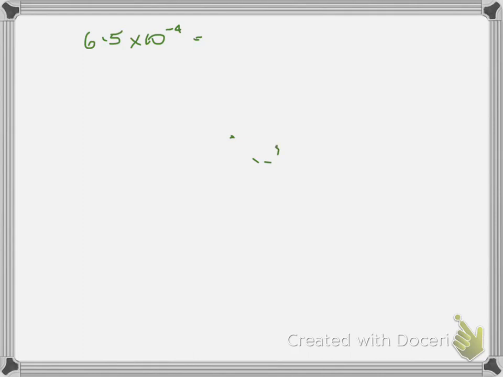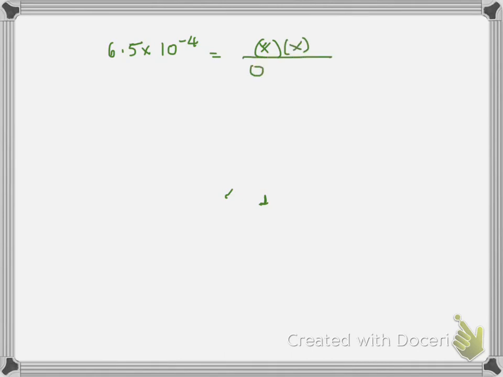So we have to go back to the point where we made the approximation. So our equation becomes 6.5 times 10 to the negative 4 equals x times x divided by 0.10 minus x.